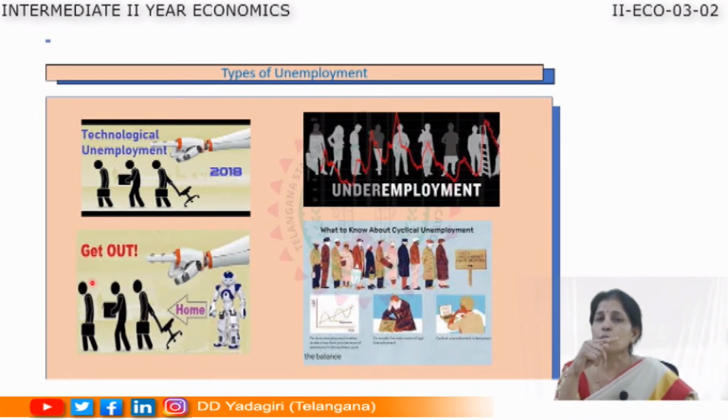Cyclical unemployment: the fluctuations in an economy, you have ups and downs. Whenever we have a boom period, it creates more employment. Whenever there's a depression, that will displace the existing people and increase the rate of unemployment in the economy.